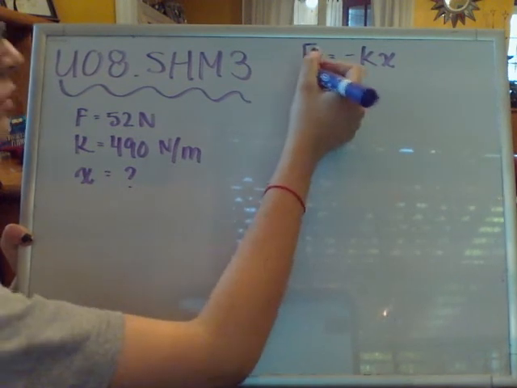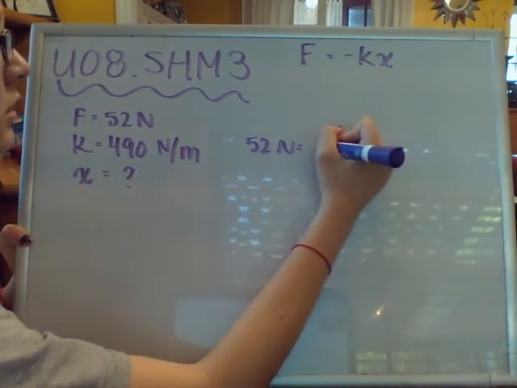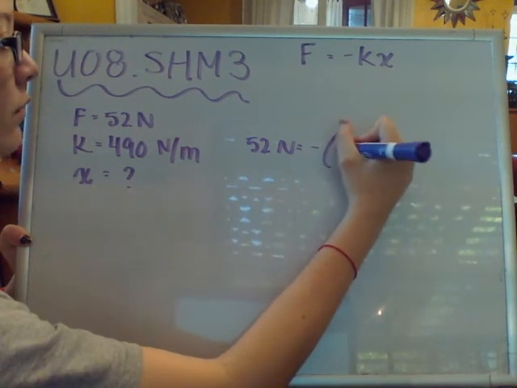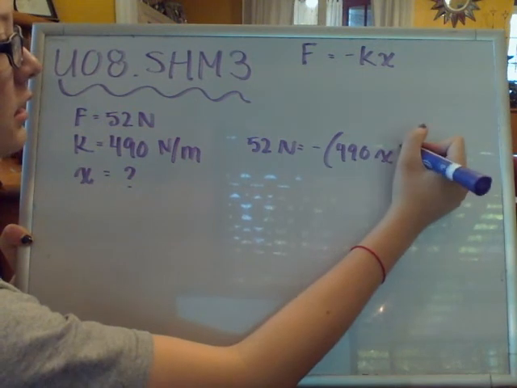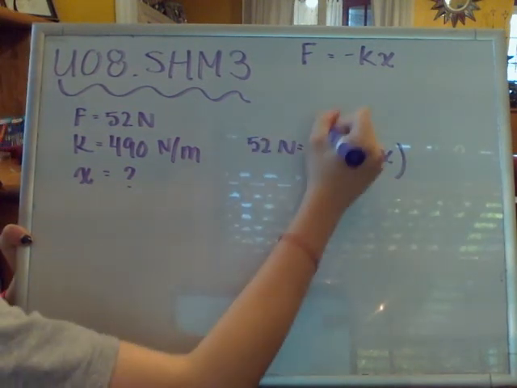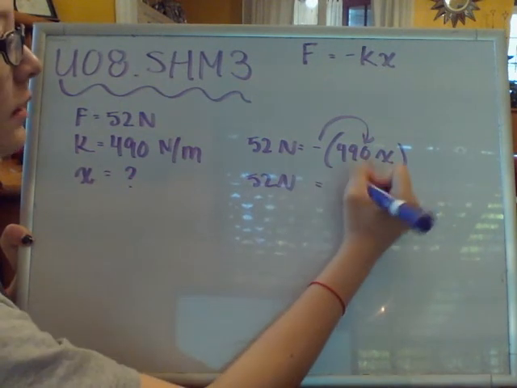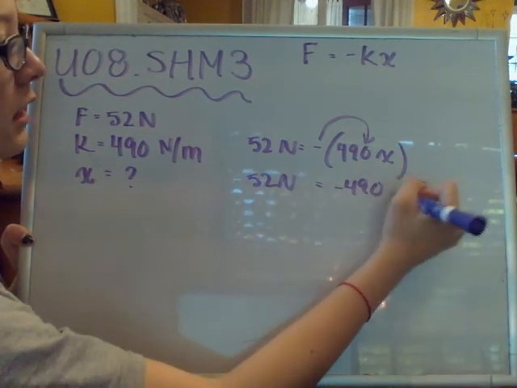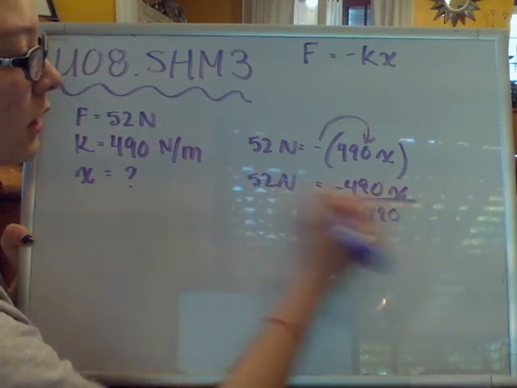So we can plug into the formula, so we have 52 newtons equals negative 490 x. And then you divide each side by negative 490.